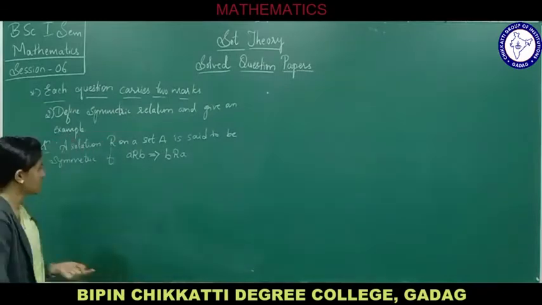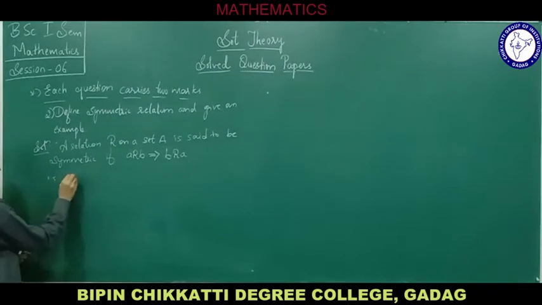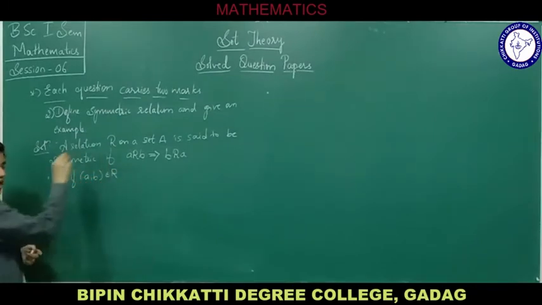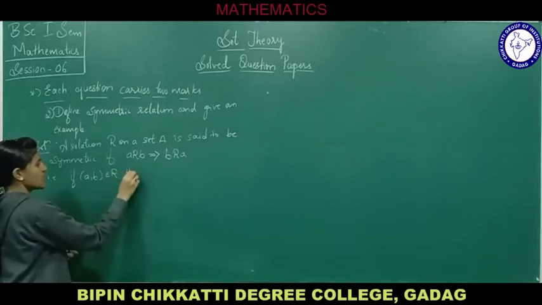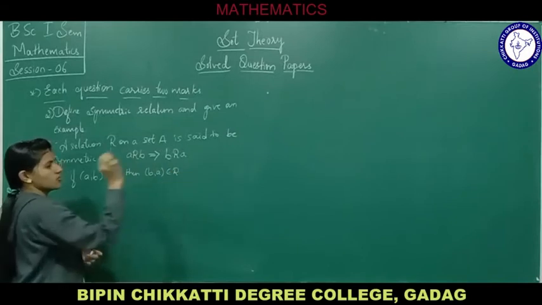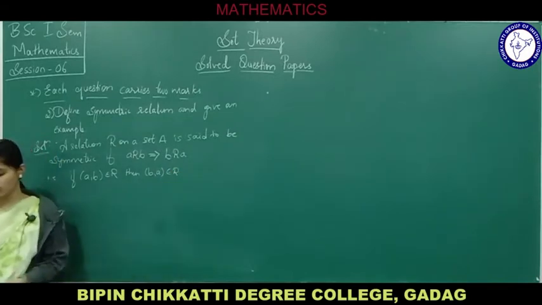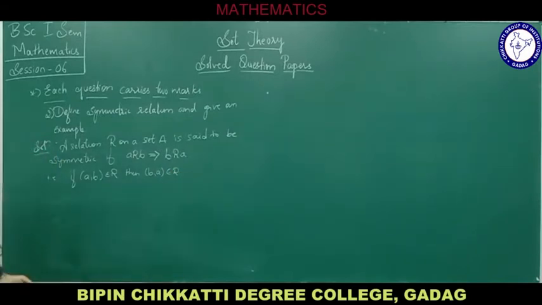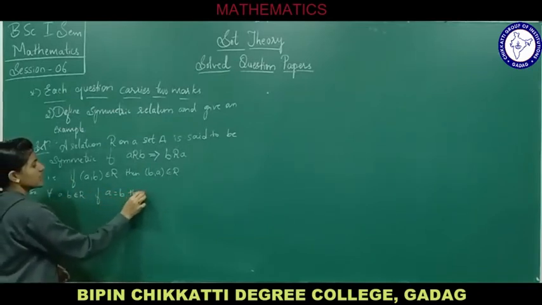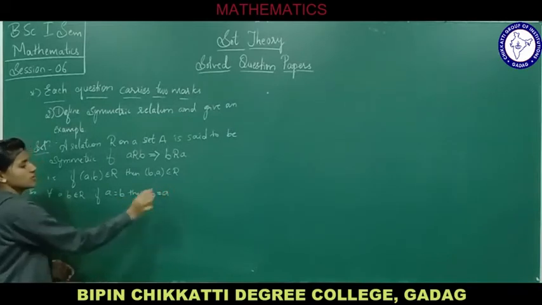That is, if (a, b) belongs to R, then (b, a) should also belong to R. For example, for all a, b belonging to R, if a equals b, then b should be equal to a.